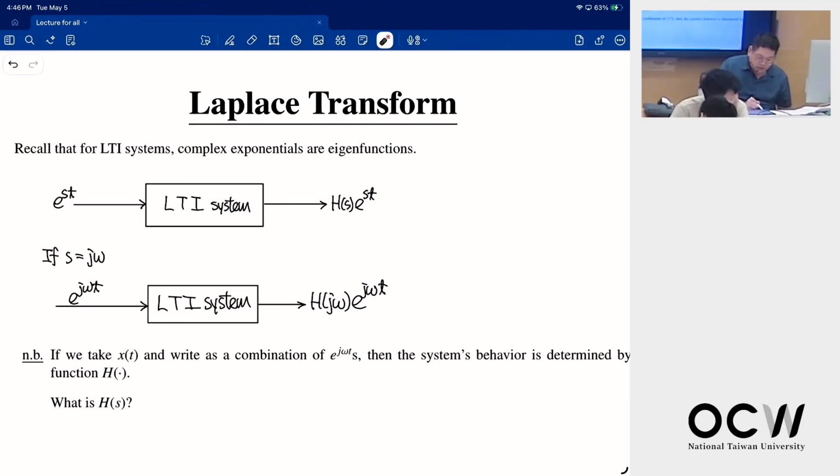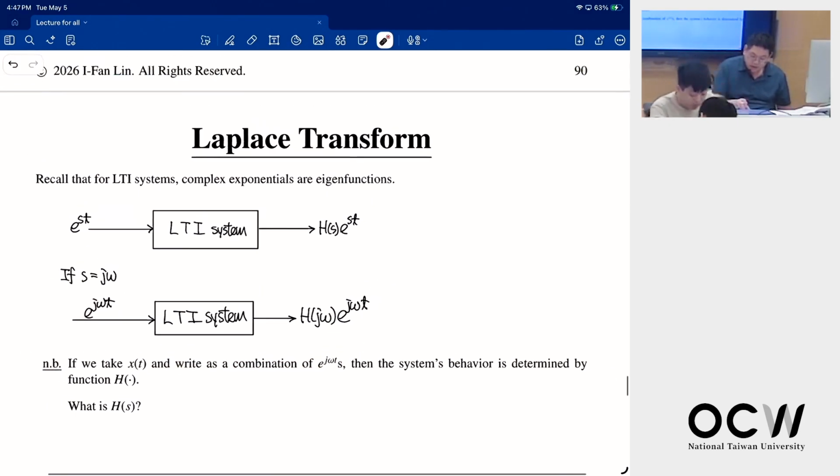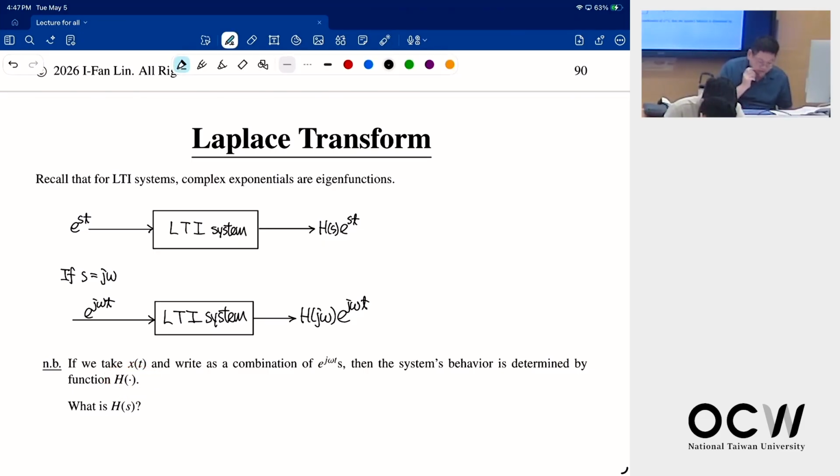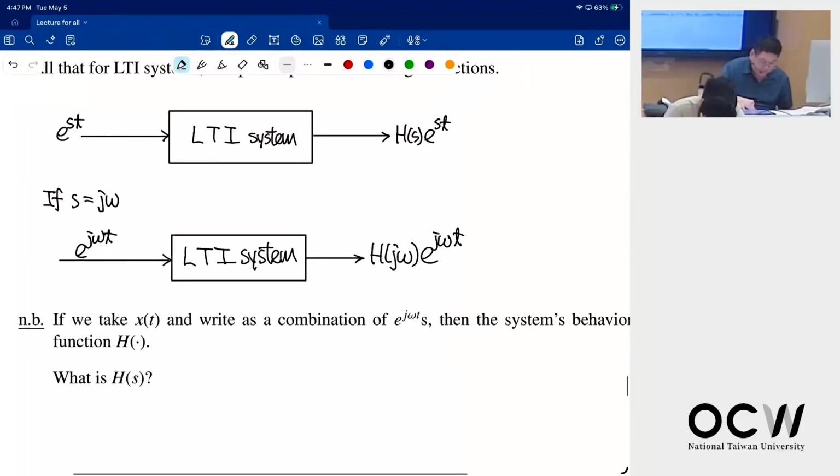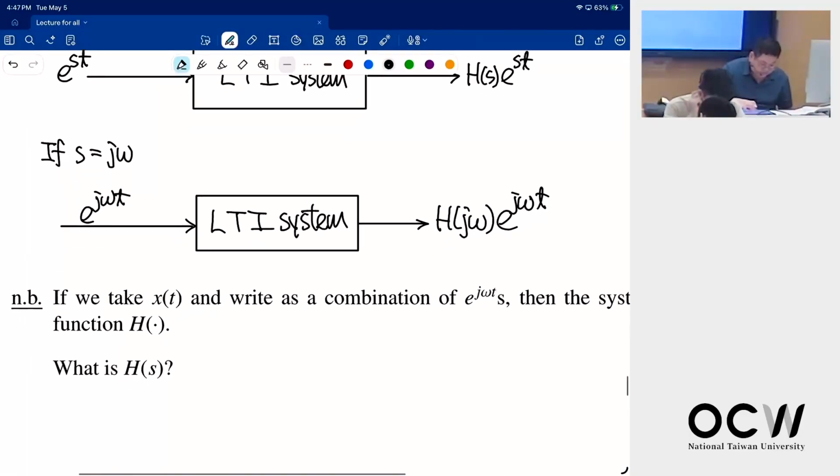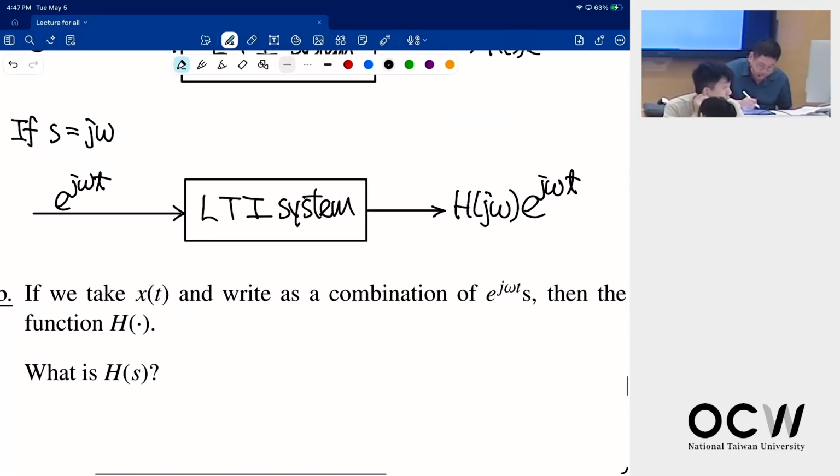So if the input is a combination of the complex exponentials, then the system behavior will be determined by the H. What is this H? We know H is the transfer function. And what is the transfer function?